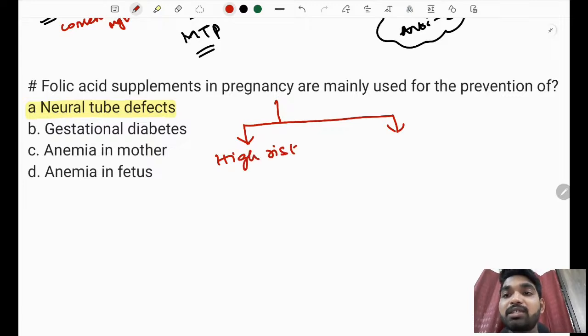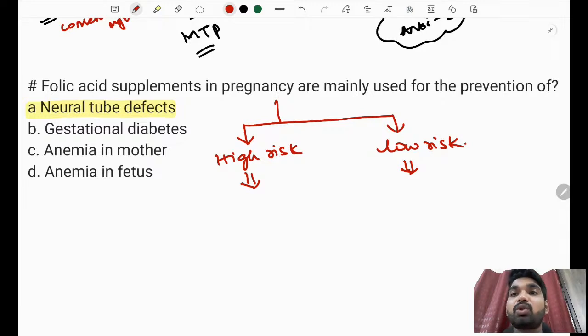High risk is nothing but, as I just told you, diabetic females and those who have a history of previous babies with NTDs, that is anencephaly, spina bifida, whatever it may be. All these are high risk.